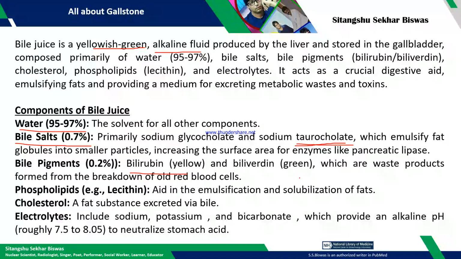Those are formed during the breakdown of RBCs, or hemoglobin. The liver is a filter for the blood. Those waste products are due to the breakdown of red blood cells, this bilirubin and biliverdin. The bile will also contain 0.2% protein.